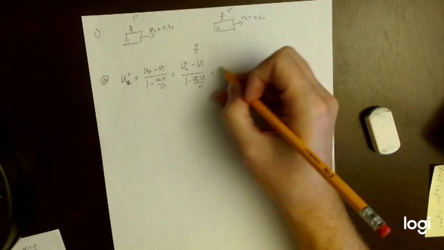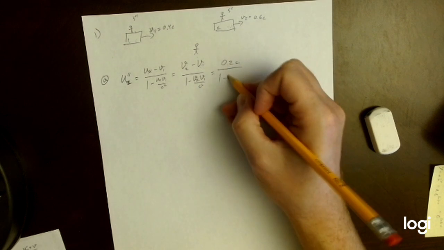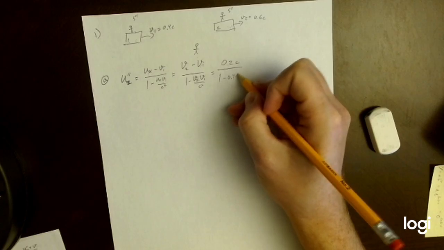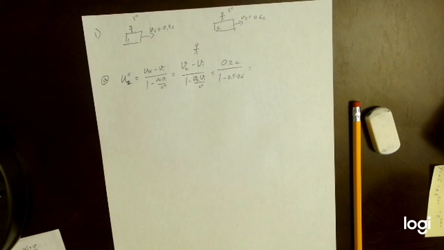So in this case, it instead is 0.2 c divided by 1 minus 0.4 times 0.6, where the c's have already canceled out in the denominator.